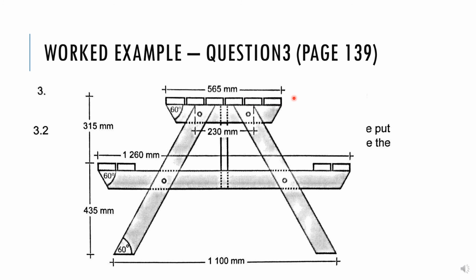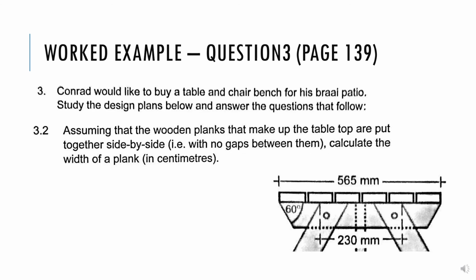And you'll see the number of planks is 6. They want us to determine the breadth of a plank in meters, so one single plank. So we will have to divide this dimension here with the amount of planks, because they said there's no gaps in between. So, and we'll have to do a conversion at the end.